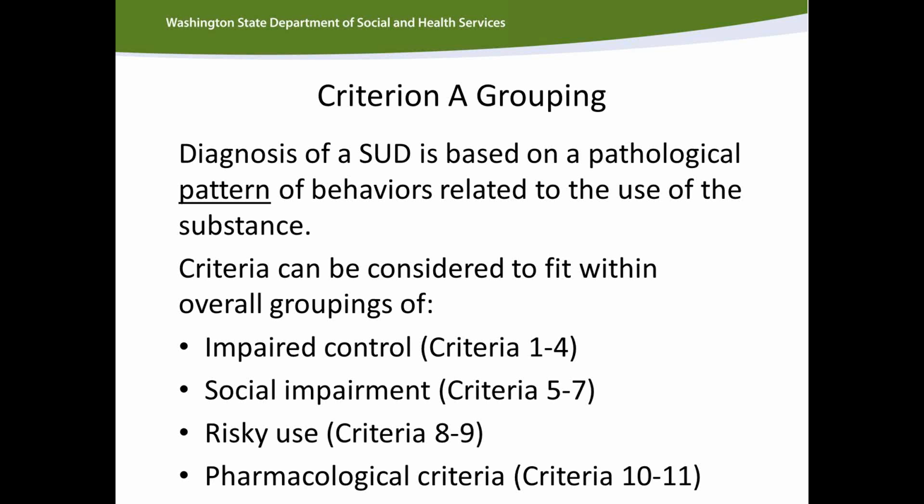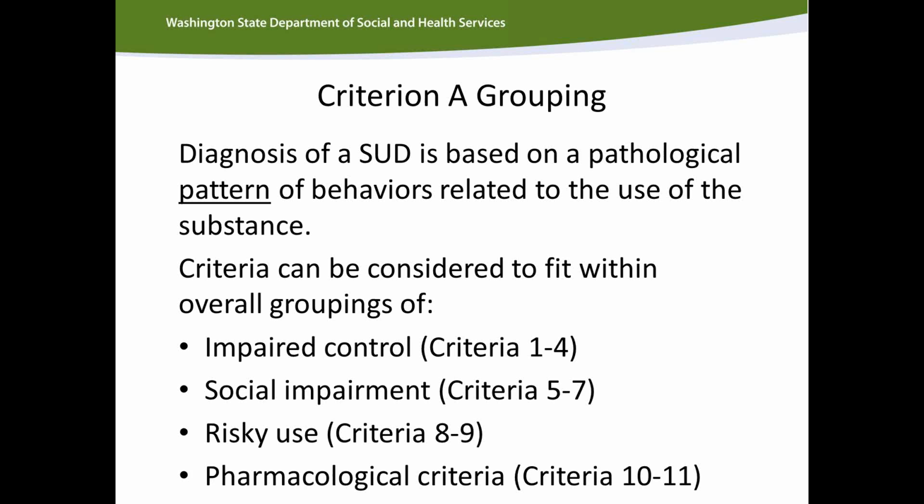What is commonly seen here for people who are in recovery is that resuming use would be seen as no longer being in full sustained remission because of this. They're using a substance that they know has caused them physical or psychological damage and continue to do so, or they have resumed the risky use.